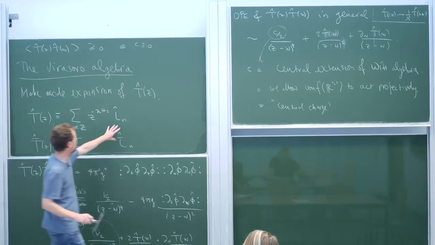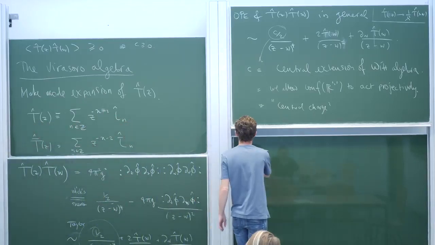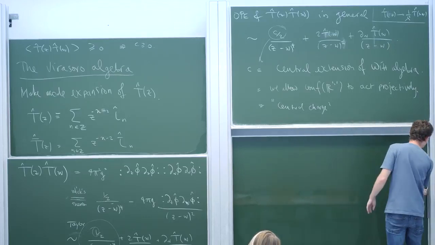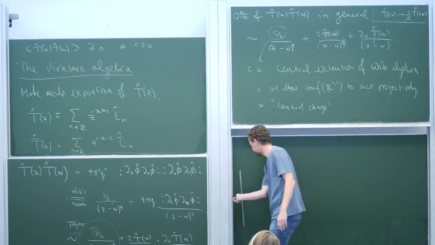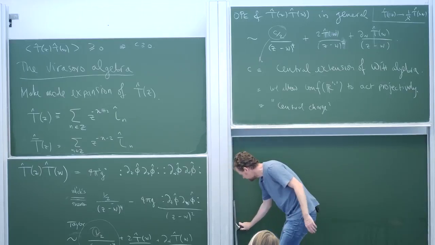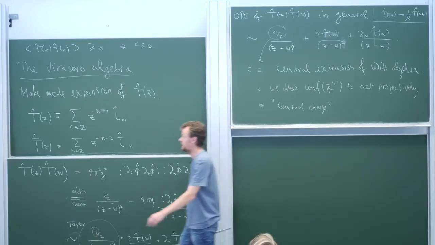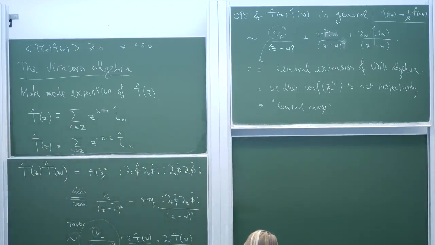So one thing we can do is invert that relation to find out what L hat n equals in terms of T hat. Multiply by z to the power n plus 1 and integrate around a circle. That's how you get L n hat. And then the residue theorem gives you the rest.